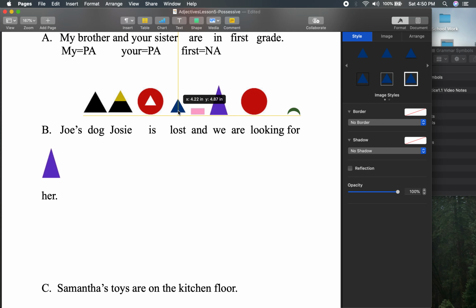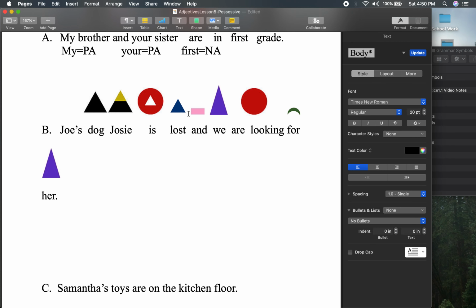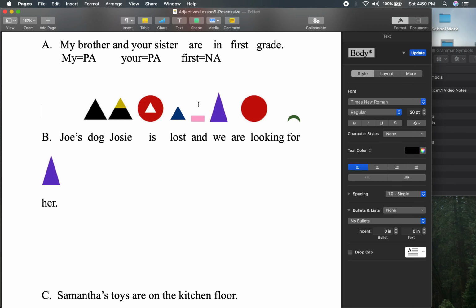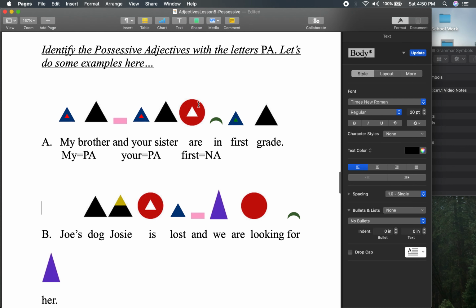However, we are no longer going to be using PA for predicate adjectives. That was an initial exercise just to get you guys knowing different basic kinds of adjectives. We're getting much more specific now. So, Joe's dog Josie, I could have commas here, is lost, and we are looking for her. Joe's here is, in fact, our possessive adjective.